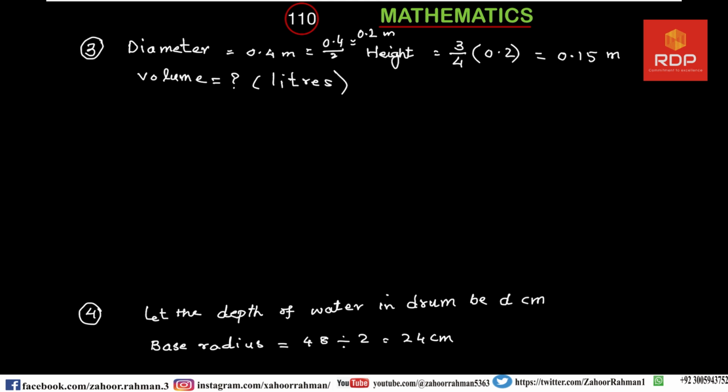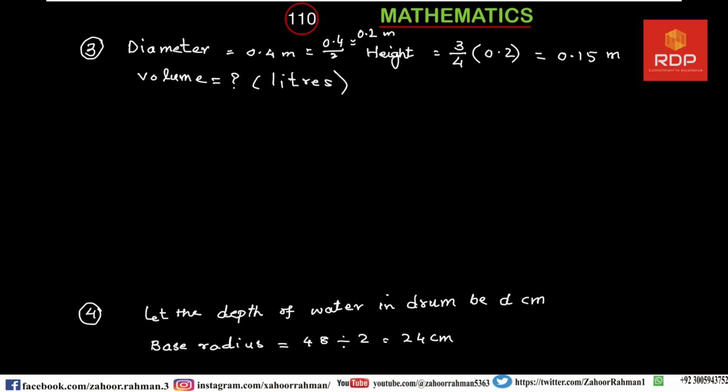So I wrote diameter is equal to 0.4 meter, and because radius is the half of diameter, we have to divide it by 2. 0.4 divided by 2 is equal to 0.2 meter, and its height is 3/4 of its base radius.